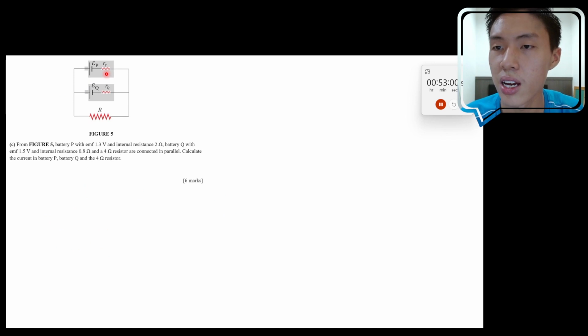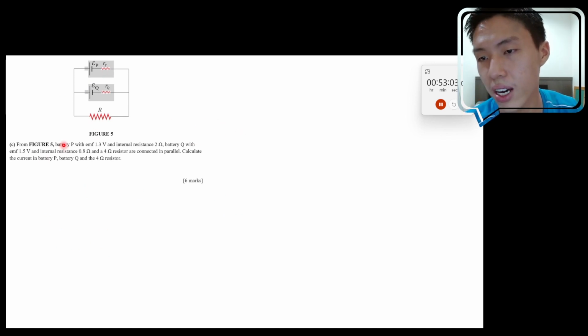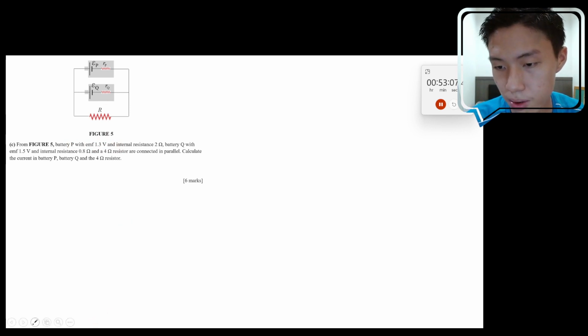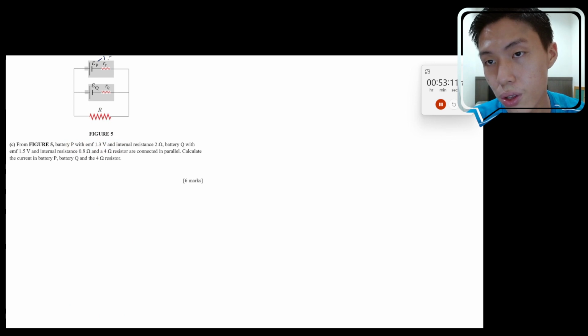Okay, next question. From figure 5, battery P with EMF of 1.3 volt. Okay, that's label. This one is 1.3 volt. Internal resistance of 2 ohm. So this one is 2 ohm. Battery Q has EMF of 1.5 volt.